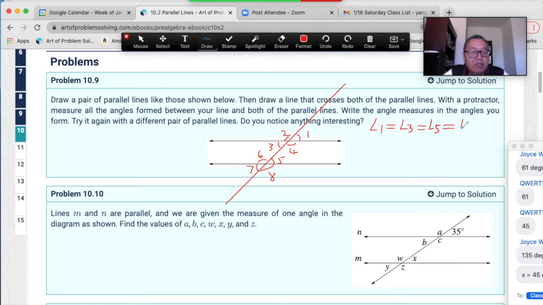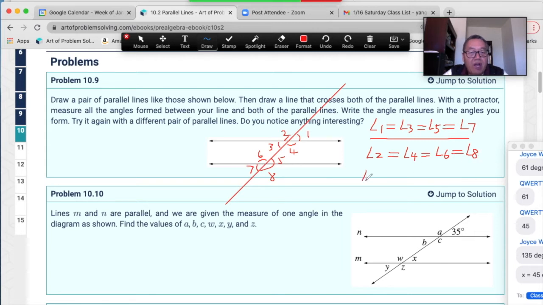Angle 5 also equals angle 7, because angle 5 and angle 7 are also vertical angles. Then we also have another equality: angle 2 equals angle 4 equals angle 6 equals angle 8, right?